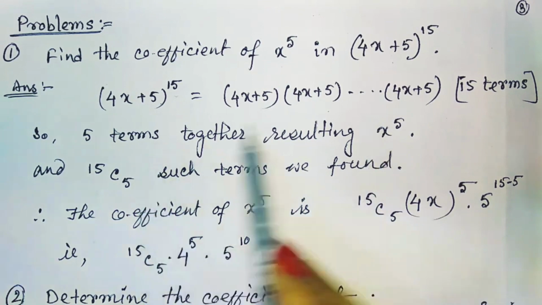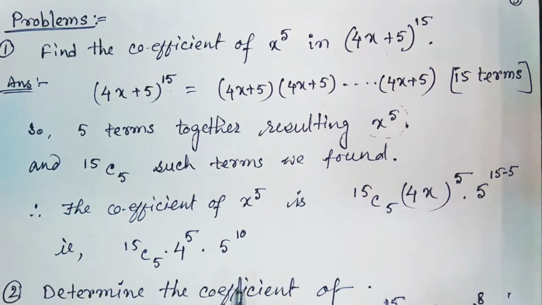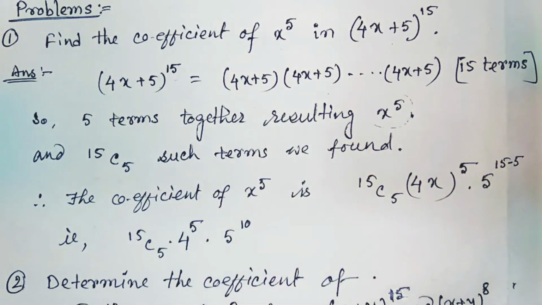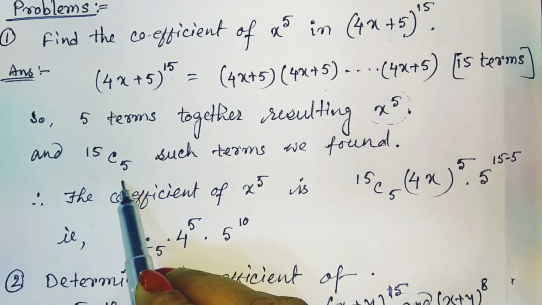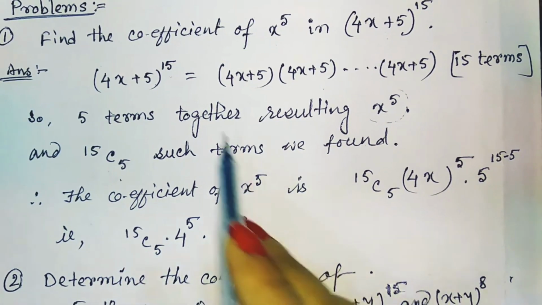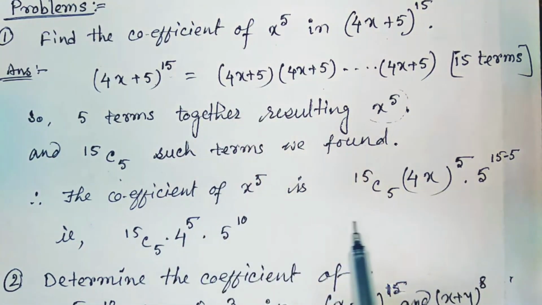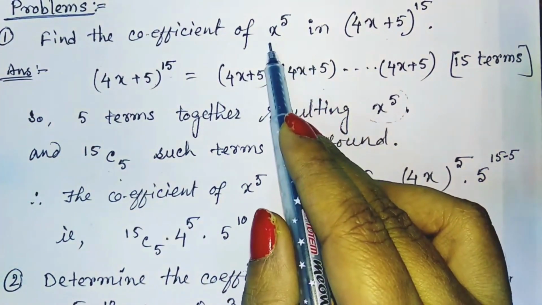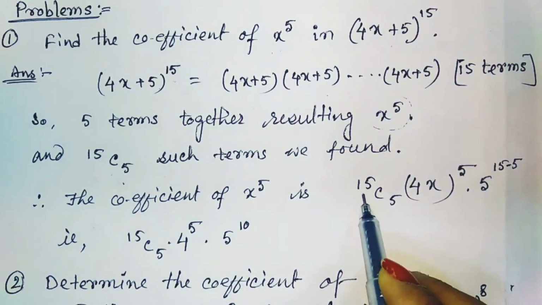If we choose any 5 factors, then we will find the coefficient of x^5. Among these 15 factors, choosing any 5 can be done in 15C5 ways. So according to the binomial theorem, corresponding to the coefficient of x^5, we will find 15C5.